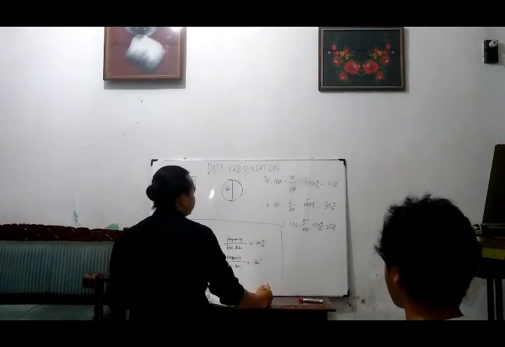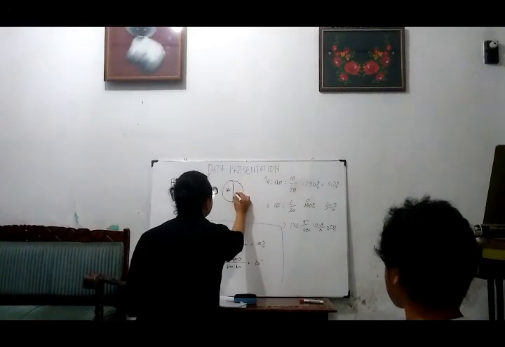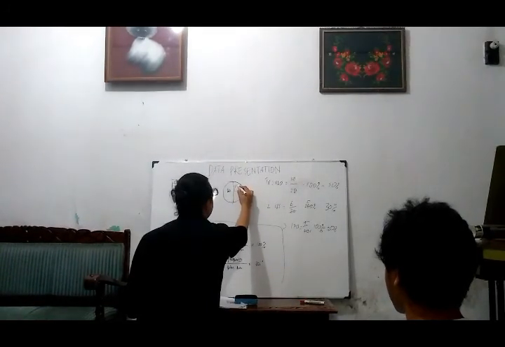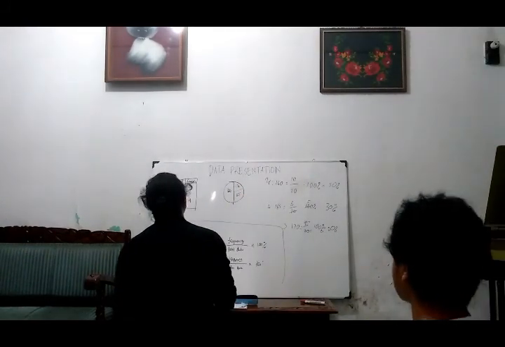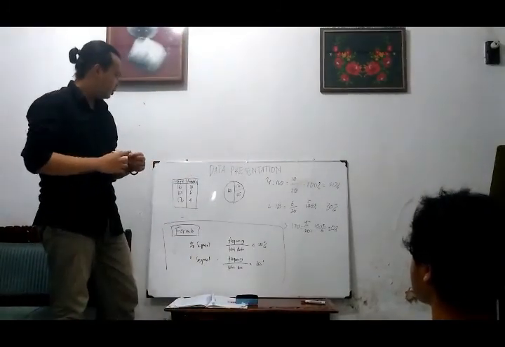Then 30% and 20%. Then maybe like this, the height of 170, and this is 155. Okay, I think enough.